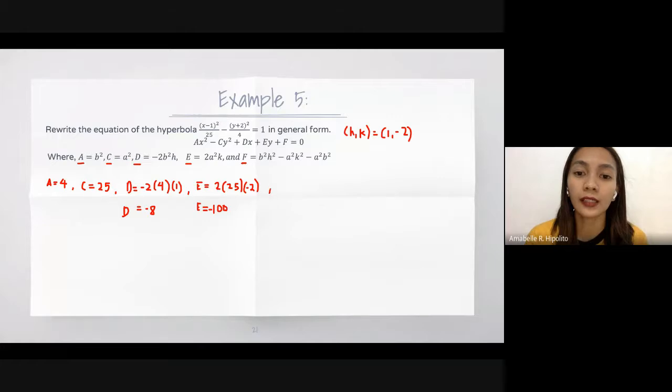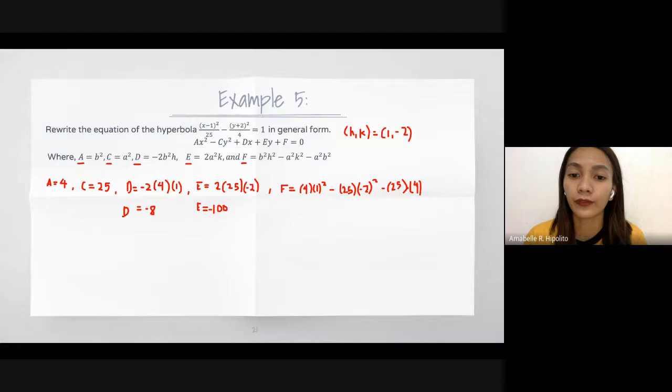And for F, that is equal to B squared, which is 4, times H squared, so 1 squared, minus A squared, which is 25, times K squared, which is negative 2 squared, minus A squared times B squared, which is 25 times 4.